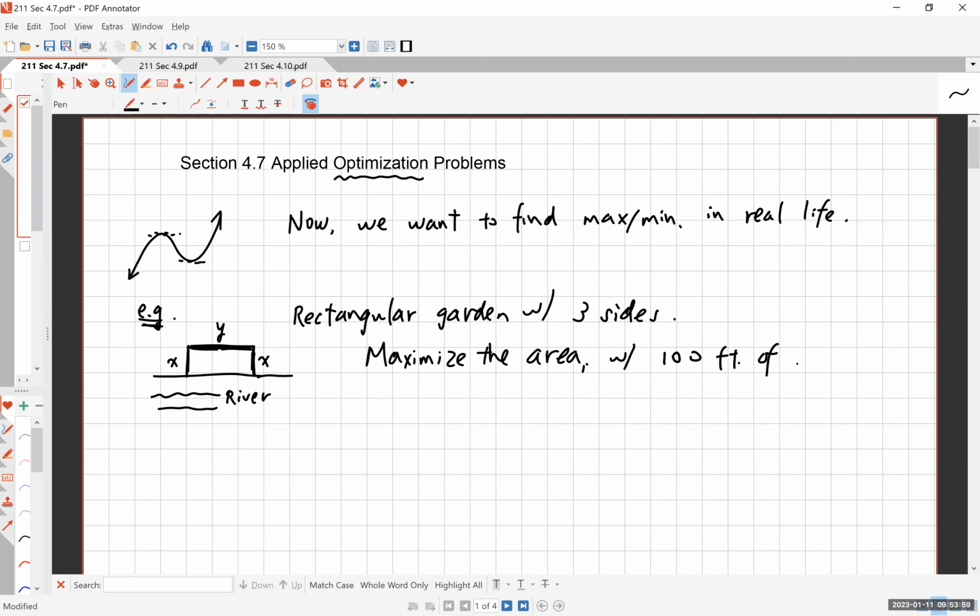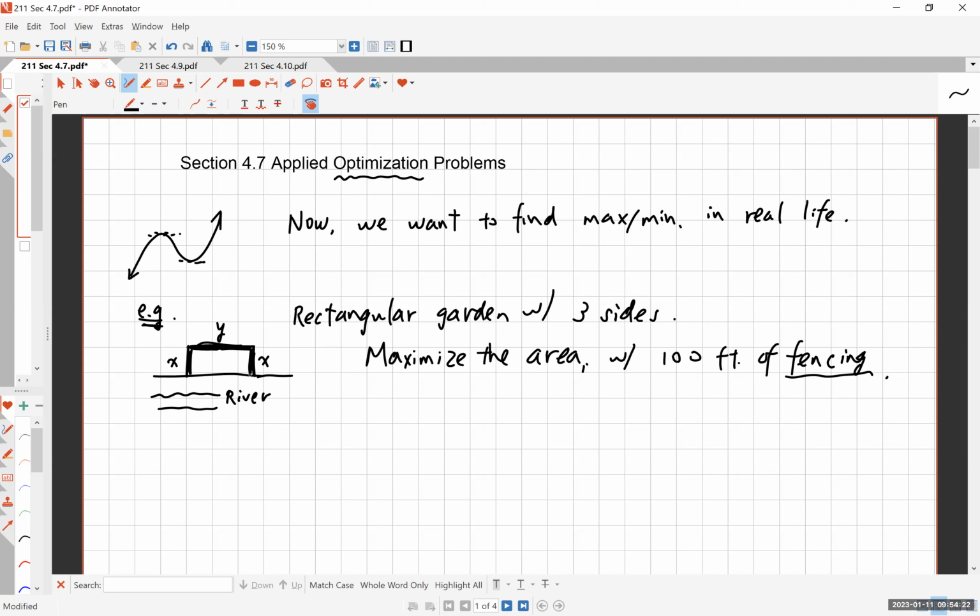That's all you have. Now, of course, when I say fencing, I'm talking about this x side and y side and x side combined. These 3 sides require fencing, and the total fencing length should be 100 feet. So you can't make a really big garden here. It's just talking about a relatively small garden.